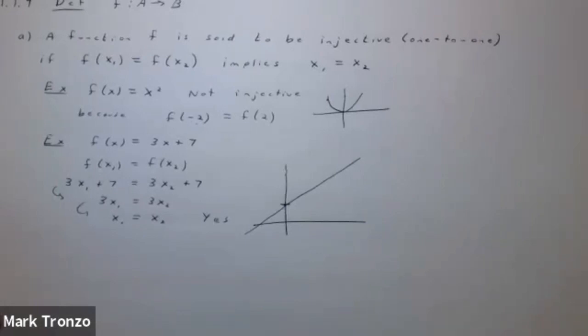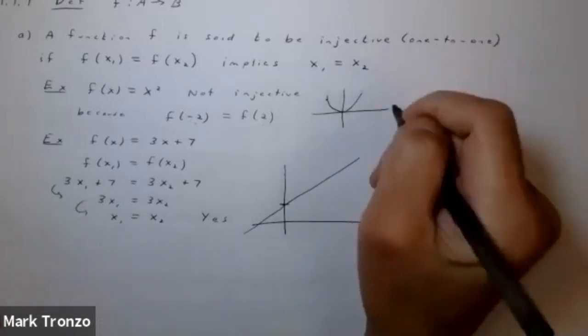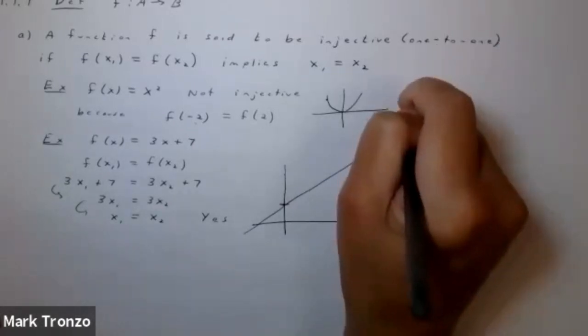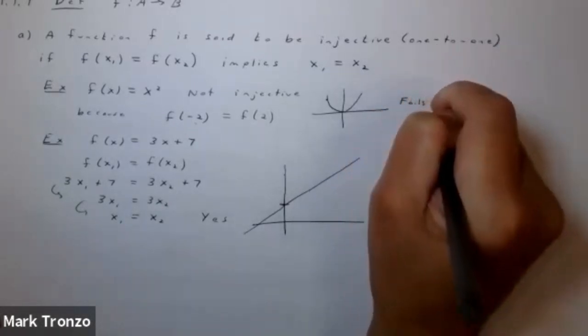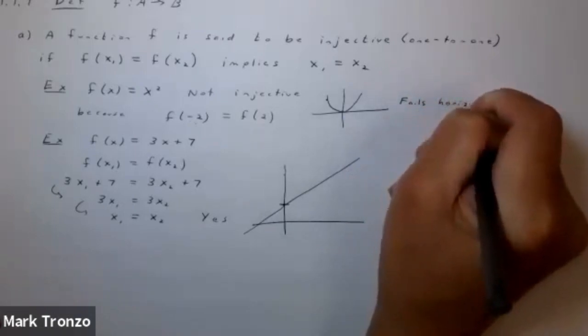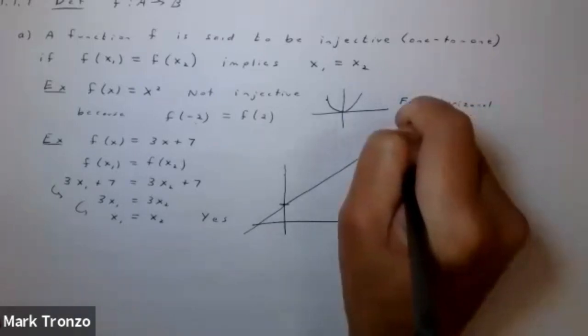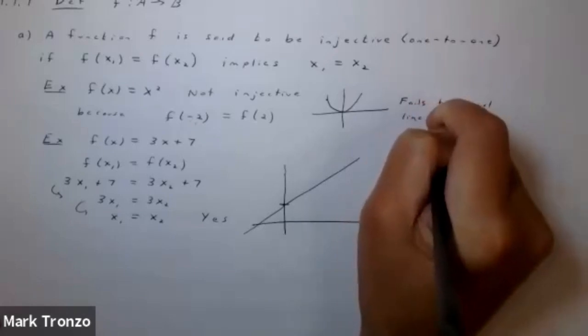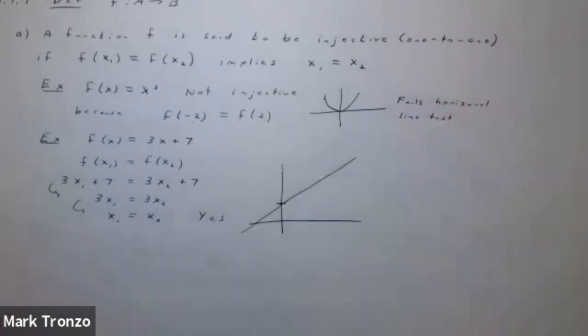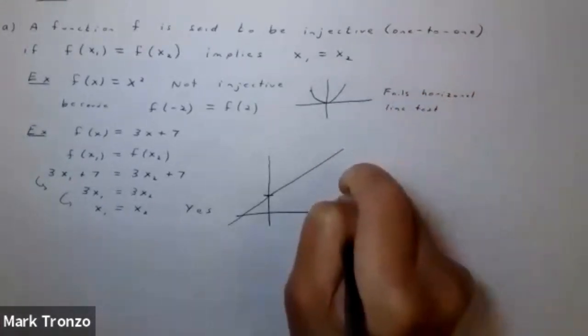And do you remember in algebra, we had the vertical line test for a function? Well, this time it's a horizontal line test. So this one fails the horizontal line test, and this one passes the horizontal line test.